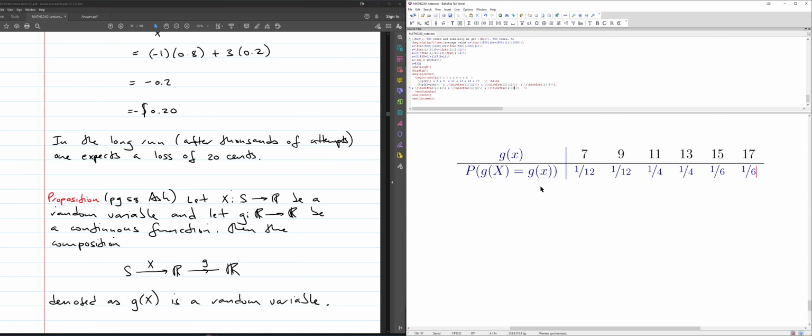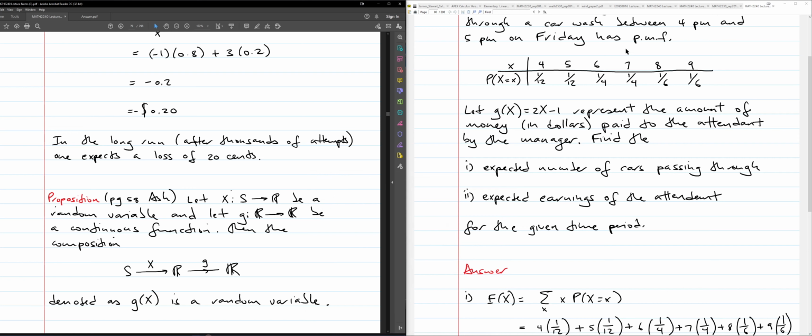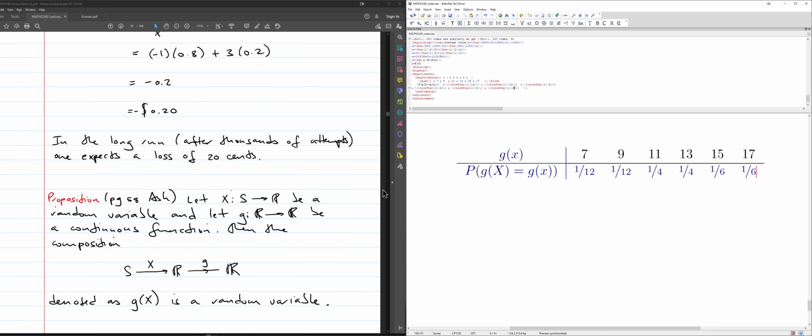And the reason why it's the same probability in this case is that this function g over here, 2x minus 1, which we have in our example, is a one-to-one function.